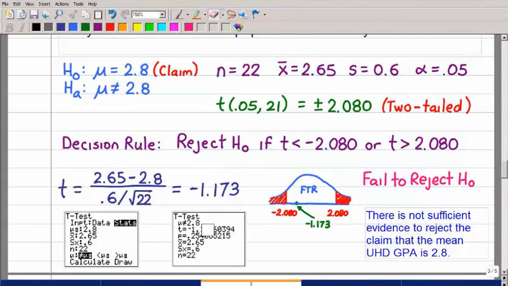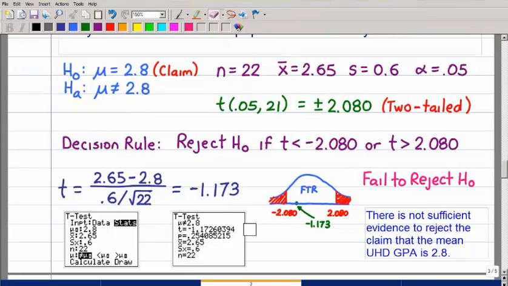Now, negative 1.173 is between those two numbers, between the two shaded areas. FTR is shorthand for fail to reject on my little graph there. So that's definitely in the fail to reject zone right there in the middle. I made a statement over here to the right saying there is not sufficient evidence to reject the claim that mean UHD GPA is 2.8.